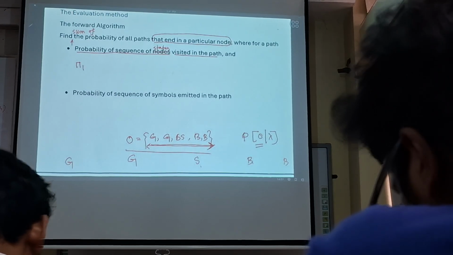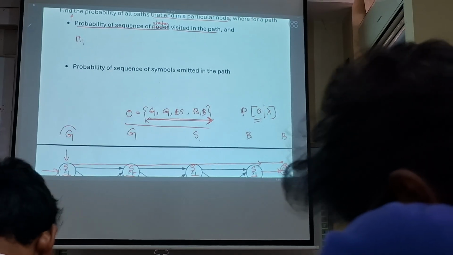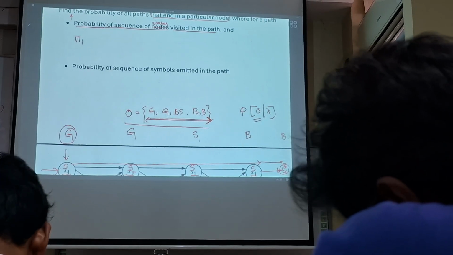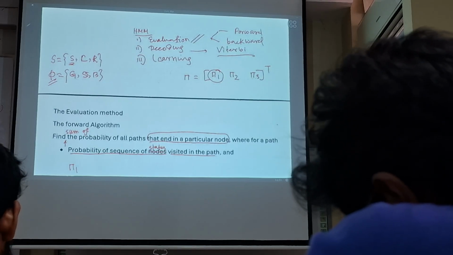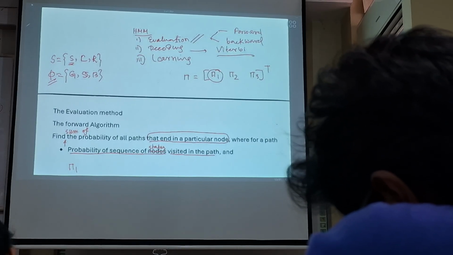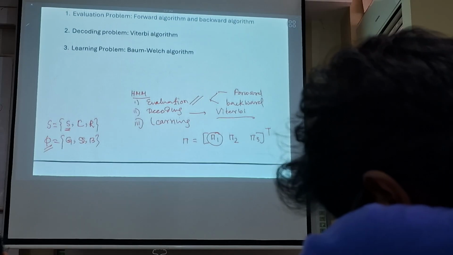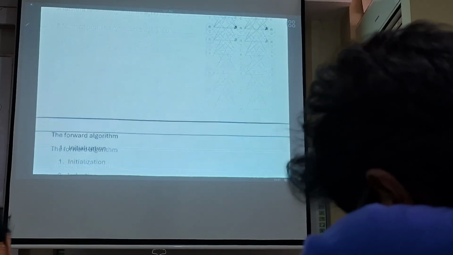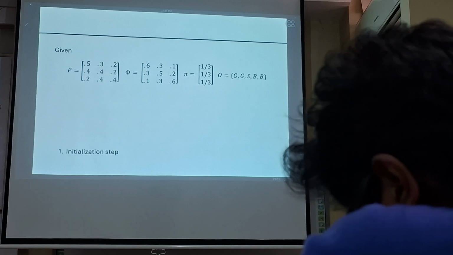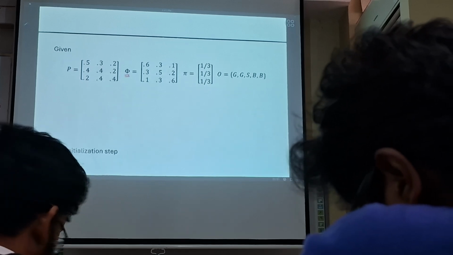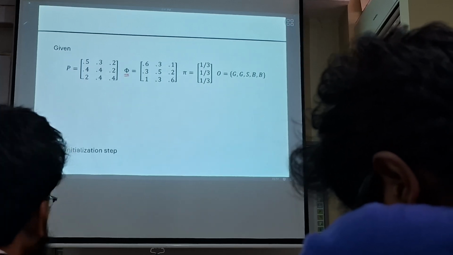And what is the probability that this symbol will be emitted? There is another matrix, the B matrix. Actually, this is the state number. We have a matrix there. Okay, let me show you the matrix. This is the B matrix. These are the states. What does this B matrix say?